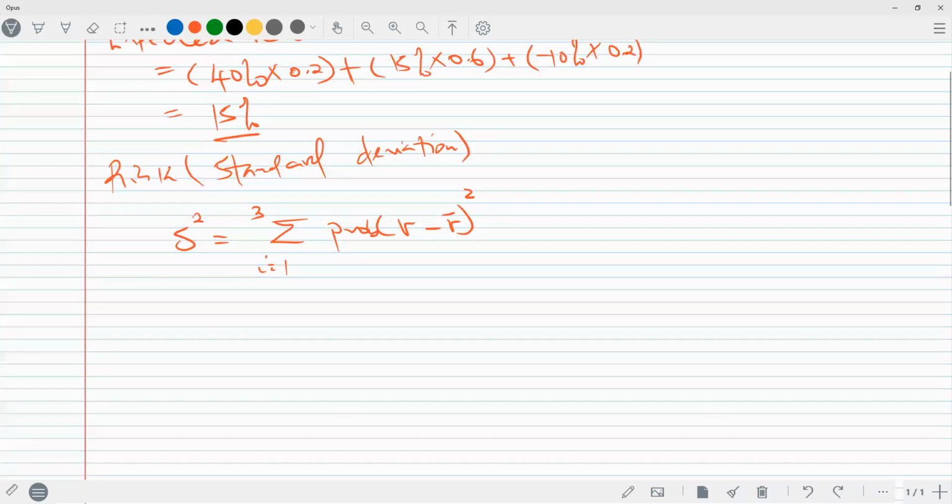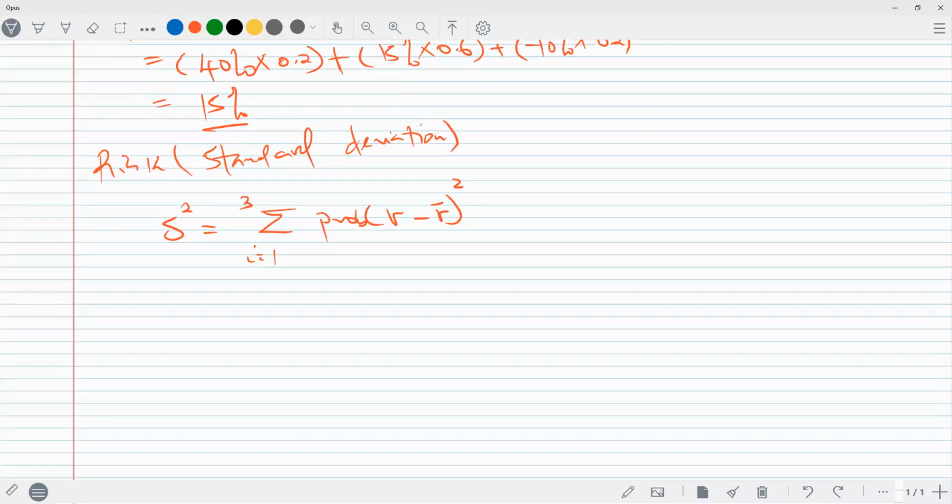So if we can get the deviation times probability, here we have the outcome, which is just the economic condition: boom, average, and recession.